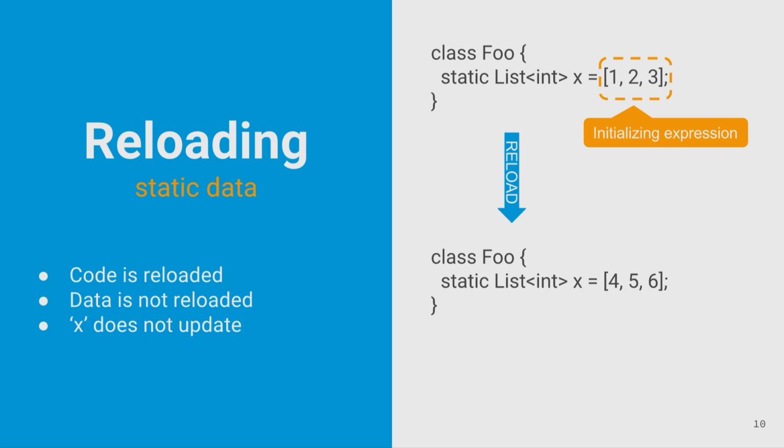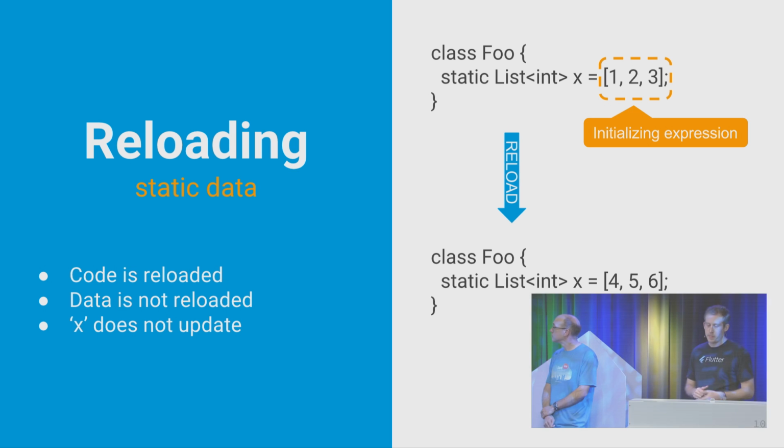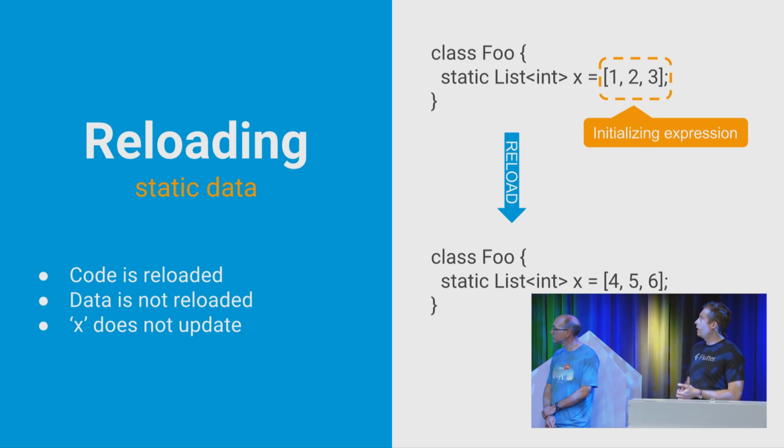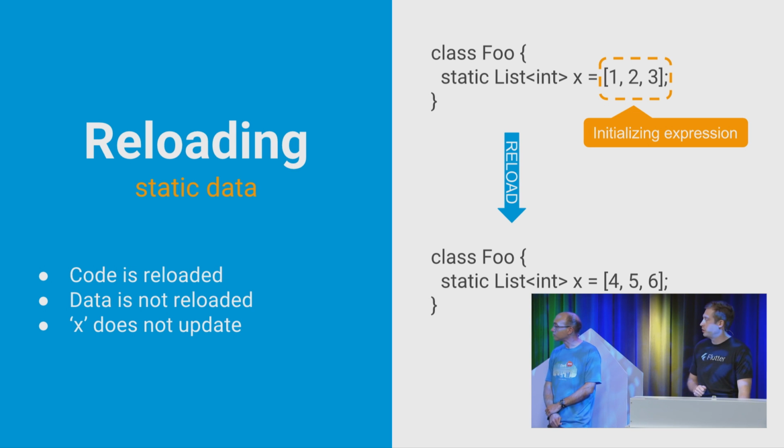Now, the most common question we've had from all of the developers who've been playing around with Hot Reload for a while is, what happens to my static data? And if you look at the top of the slide here, you can see that there's this list X, and it has this initializing expression of just a list of 1, 2, 3. Now, the VM is only going to run this initializing expression once. And it depends, like when your program first accesses X, that's when the initializing expression is going to be run.